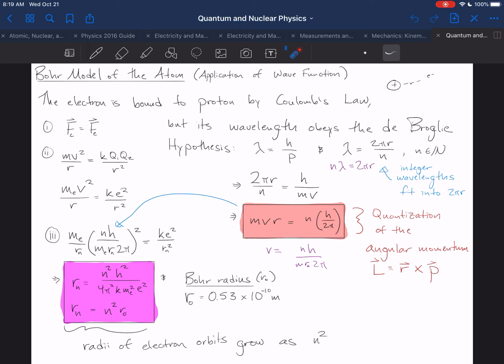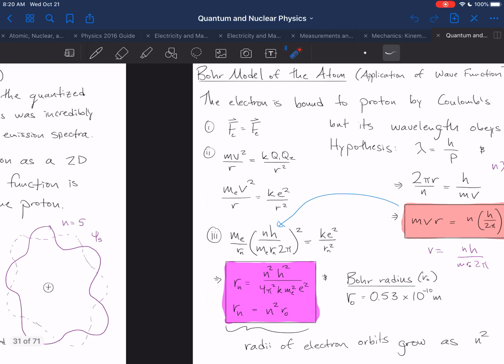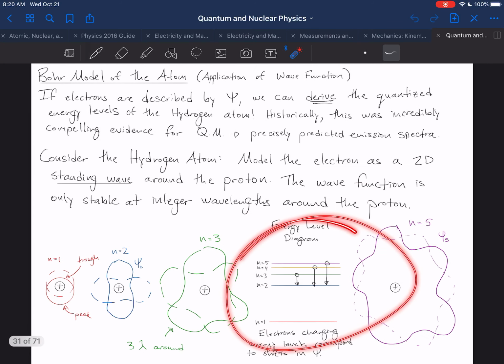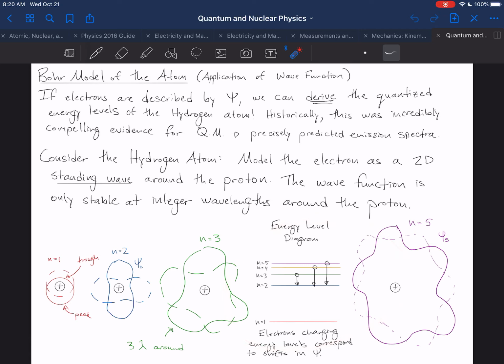That model plus some classical physics stemming from the relationship between the proton and the electron will allow us to derive the exact values of the energy levels of the hydrogen atom, which is, just to repeat, an astounding prediction, and one of the first real pieces of evidence that quantum mechanics has significant bearing in reality.